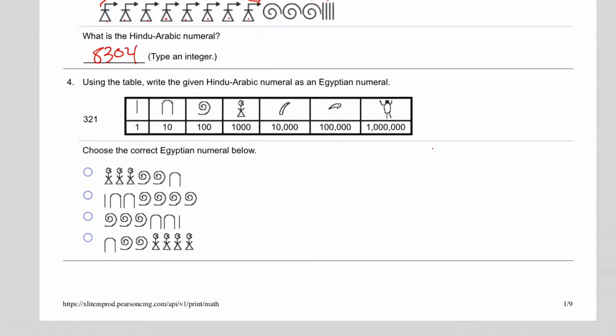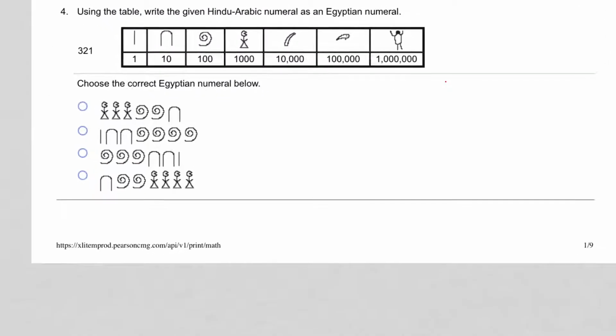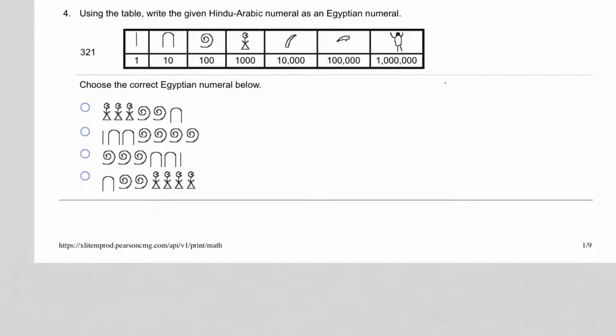Okay, let's take a look at number 4. So we have 321. So this is 300 plus 20 plus 1. So we need 3 of these. We need 2 of these, and we need 1 of these. And that would be option C.